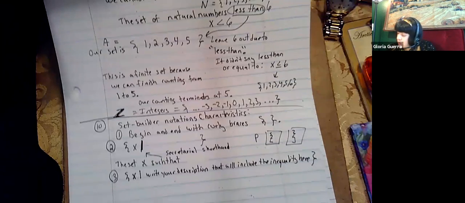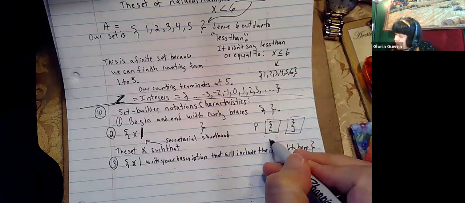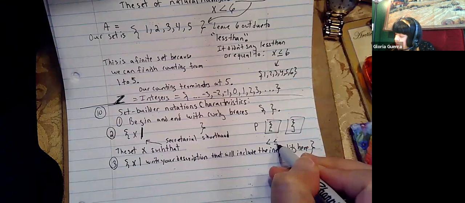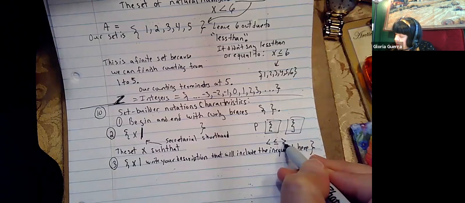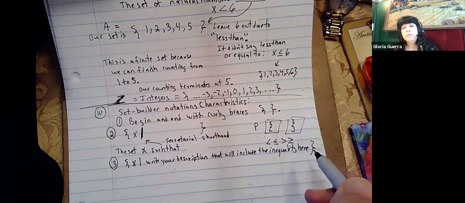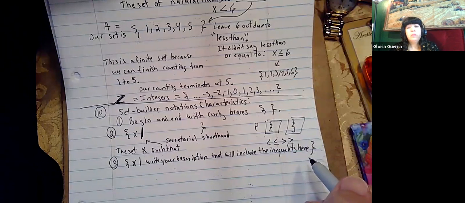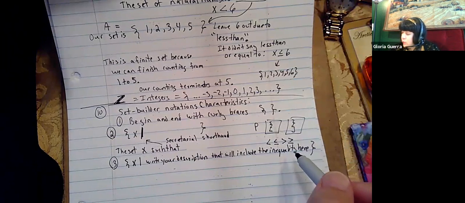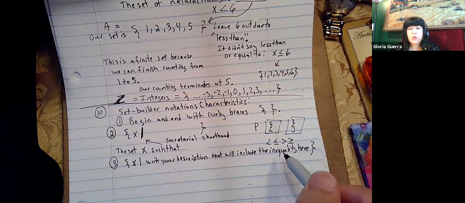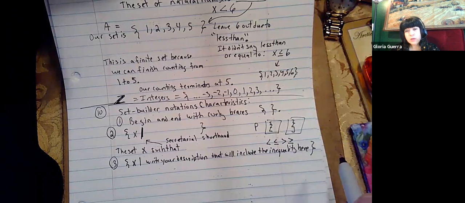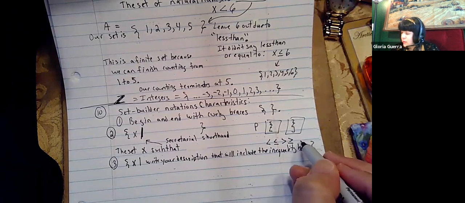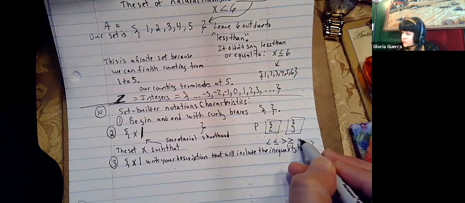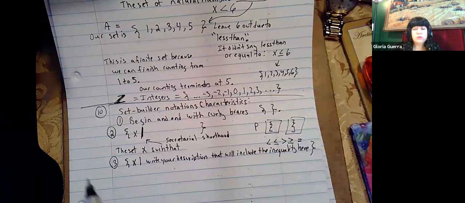Inequalities could be like less than or equal to, greater than or equal to. Maybe you might have the equality, but for the most part, you're doing some kind of inequality, not so much an equality. I guess this is rare, but it could happen.